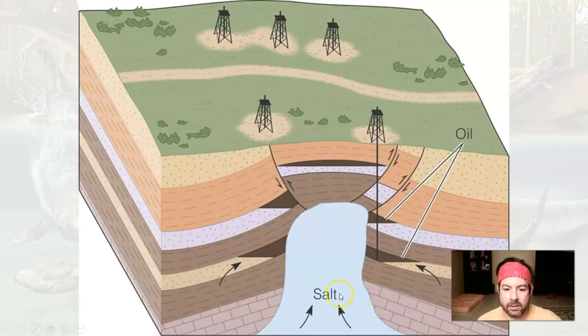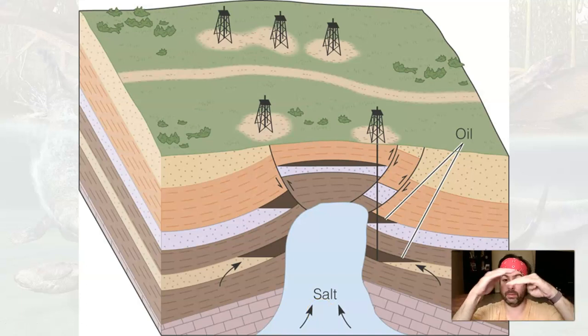So here is what these salt domes are. Sometimes when you have these layers of salt, mineral name halite, it is less dense than the sediment and rocks that build up on top of it. And since it's less dense, it wants to rise, just like a hot air balloon. Hot air is less dense than cold air.